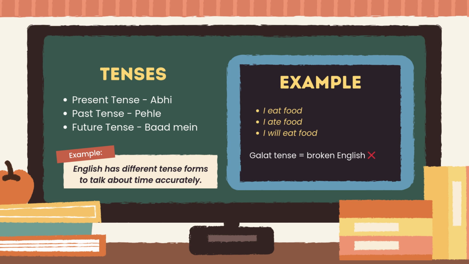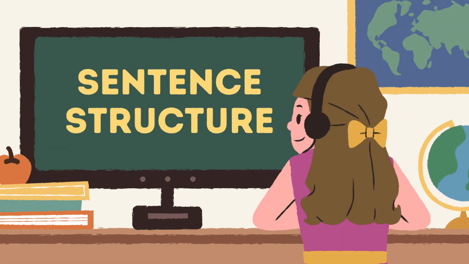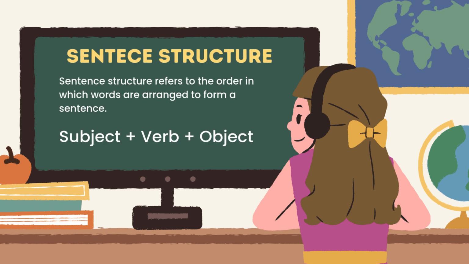Then comes the third part of the grammar, that is sentence structure. In simple words, we can say sentence बनाने का formula. The order in which words are arranged to form a sentence is called sentence structure. हमेशा subject plus verb plus object होगा.